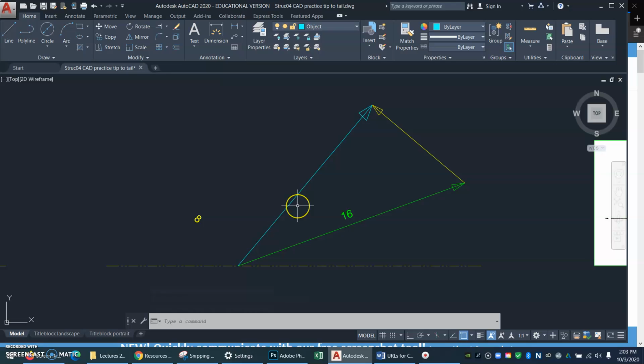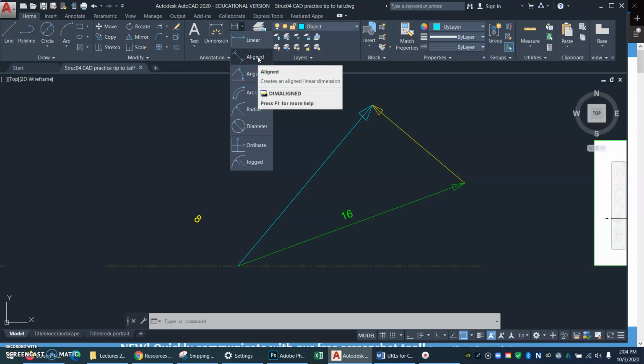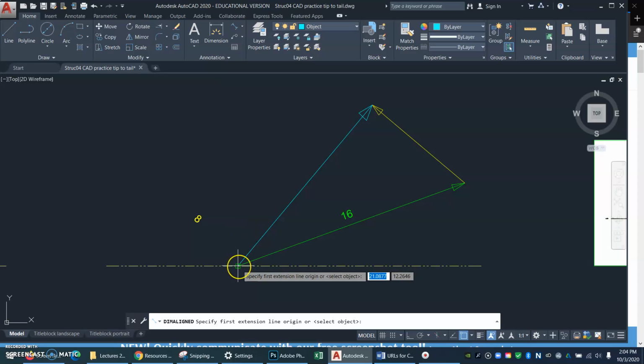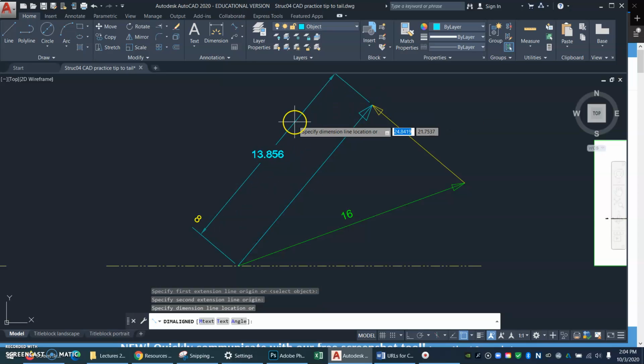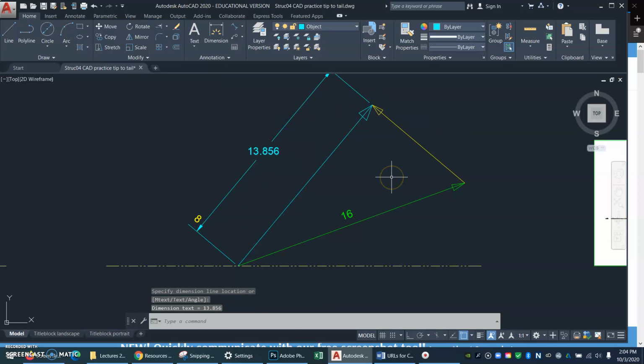Now, let me see what magnitude that is. I could find the magnitude a couple different ways. One, I could use the aligned dimension. I have no idea whether I set my scale properly or not. I probably didn't. Aligned dimension. Okay, so this arrow is 13.856 pounds.